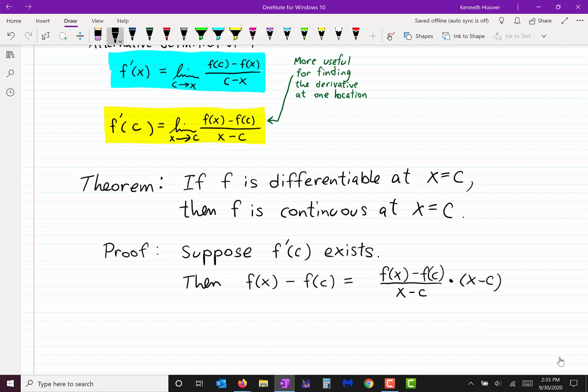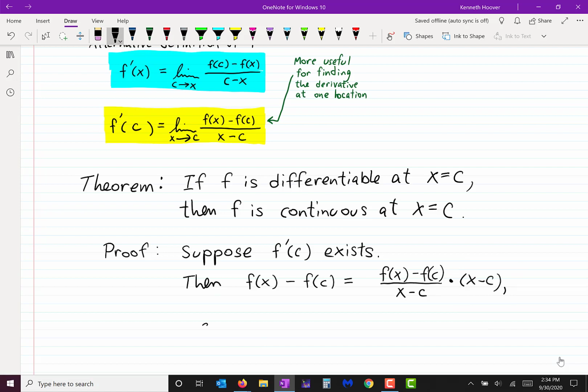And if f prime of c exists, then that means the limit of that exists as x approaches c. Because look, that's what f prime of c is. It's the limit of this as x approaches c. Okay, and of course the limit of this exists as x approaches c, because that limit would be 0, wouldn't it?